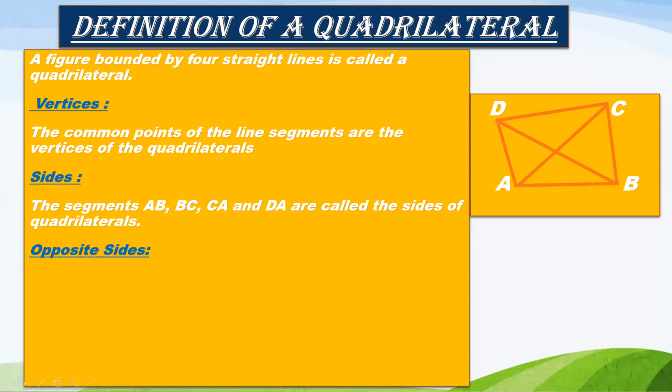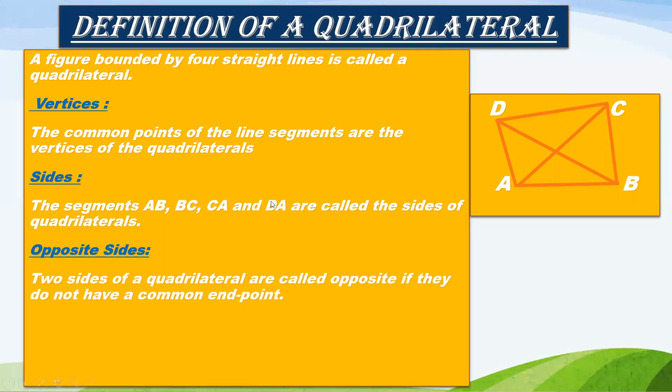If I show you in this diagram, side AB and here side CD. These are the opposite sides of quadrilateral. In the same way, side BC is opposite to side DA, right? So these are called the opposite sides of quadrilateral.